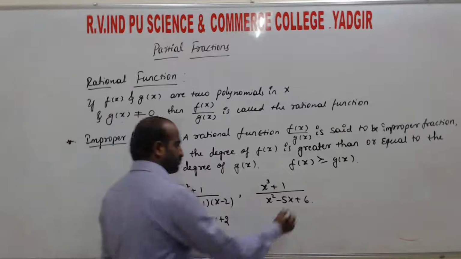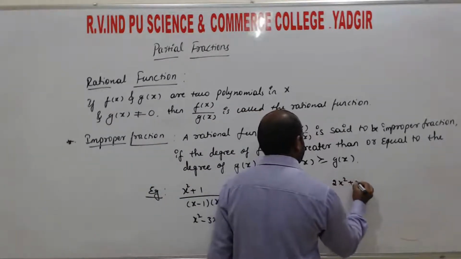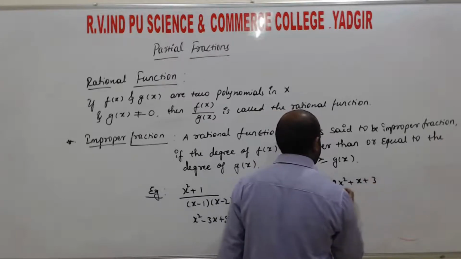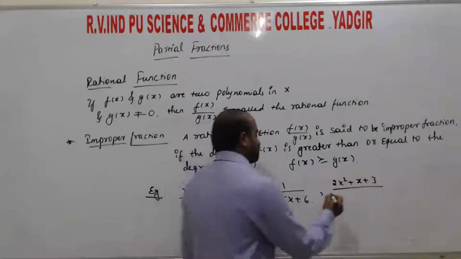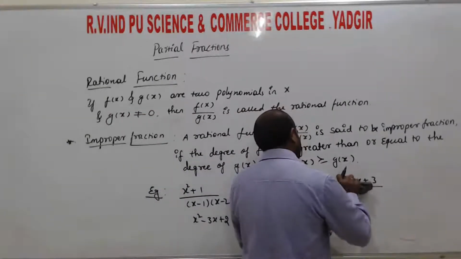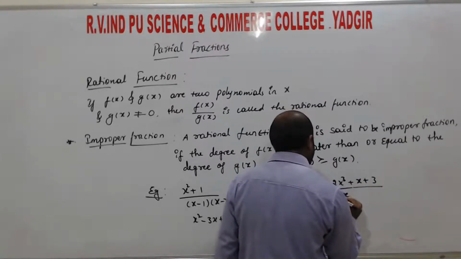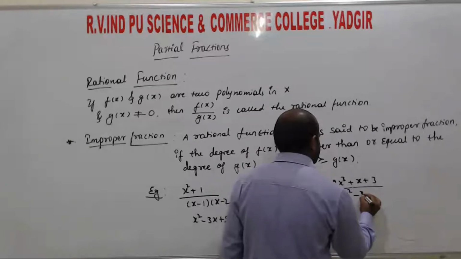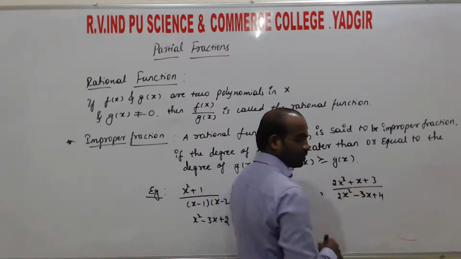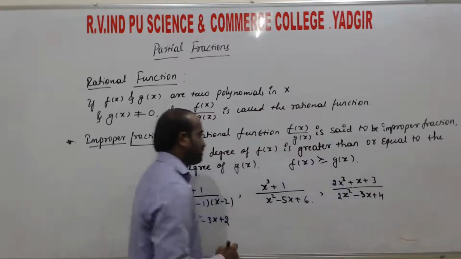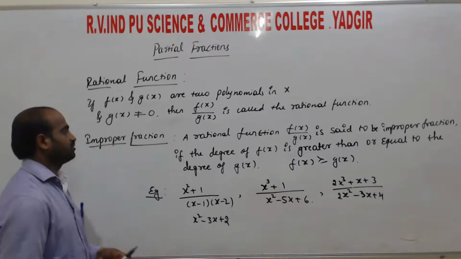Or, 2x square plus x plus 3 divided by 2x square minus 3x plus something, where the numerator is of degree 3 and the denominator is of degree 2. Okay, this type of functions are improper fractions.